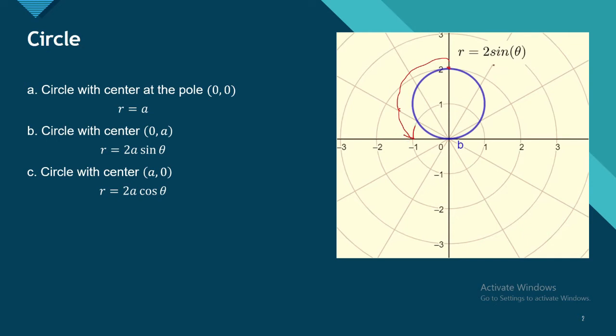What is sine of pi? Sine of pi is 0, and 2 times 0 is 0 again. And you return to this point. After sweeping an angle equal to pi radians, the value of r is equal to 0. So you return to where you began.